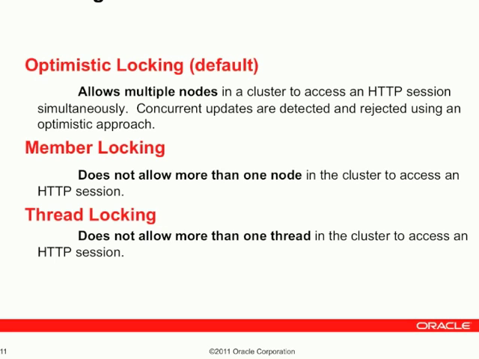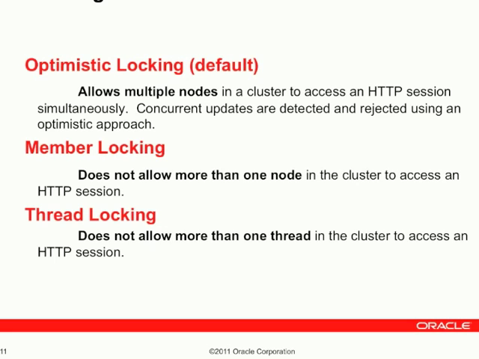This can be useful potentially in environments where you're using frames or AJAX, where you have multiple concurrent threads of execution or multiple concurrent HTTP requests that result in multiple threads of execution accessing an HTTP session object. And I think this is a pretty unique feature. Now, obviously, for performance reasons, optimistic locking is going to provide you the most throughput, and you'll get the most safety with thread locking, of course.